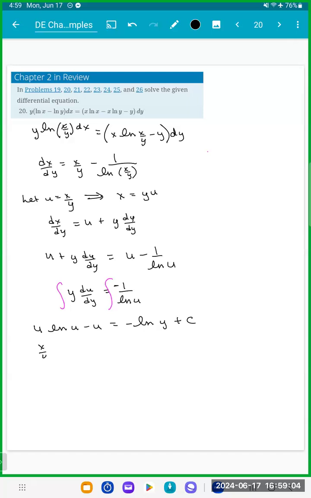So we have x over y ln x over y minus x over y equals negative ln of y plus c. And then the last thing we could do is just get c by itself. So we have x over y ln x over y minus x over y plus ln of y is equal to c. All we did in this last step is move that negative ln of y to the left-hand side.